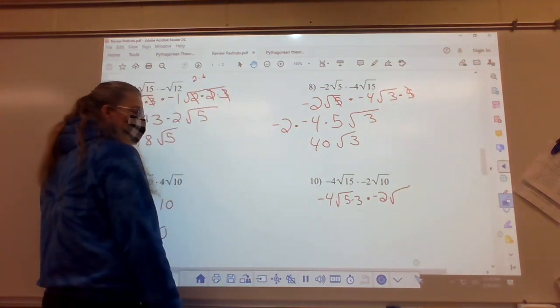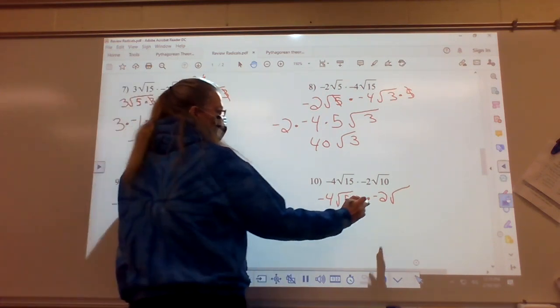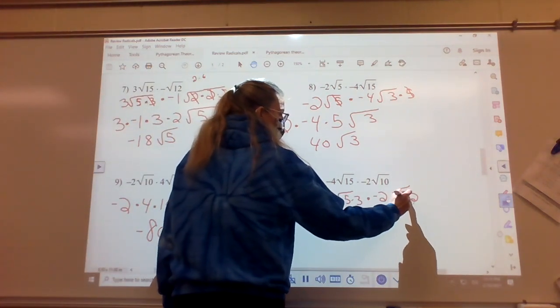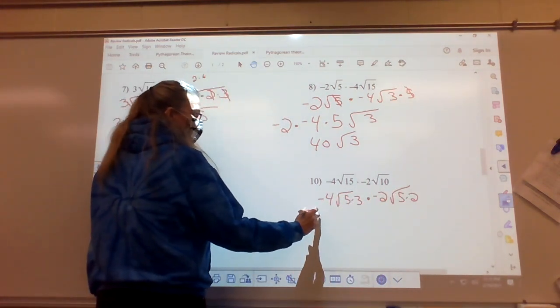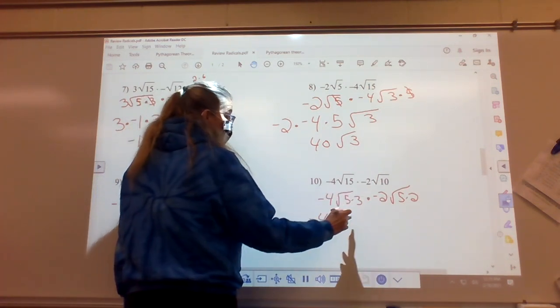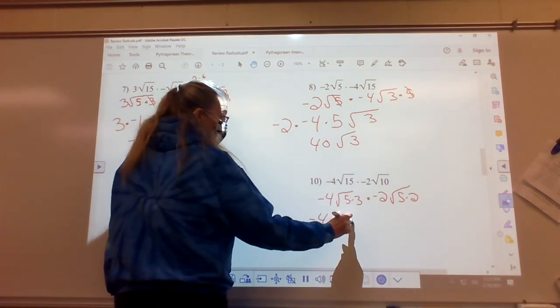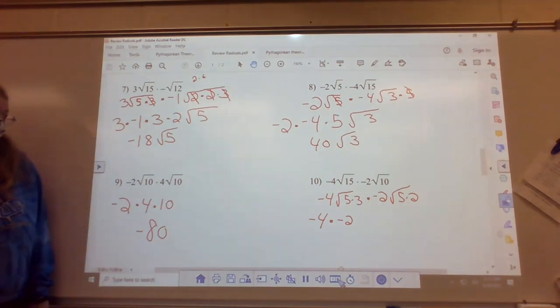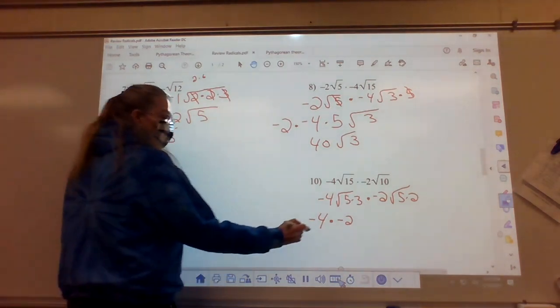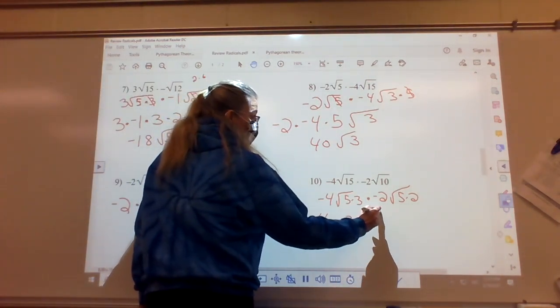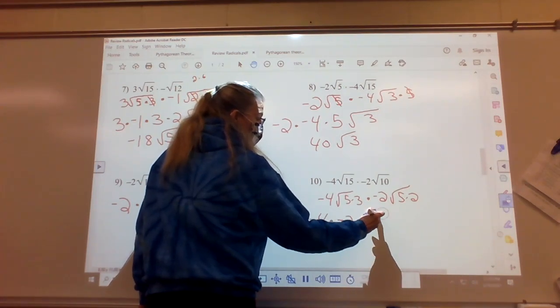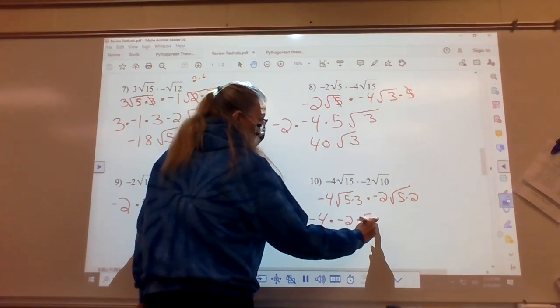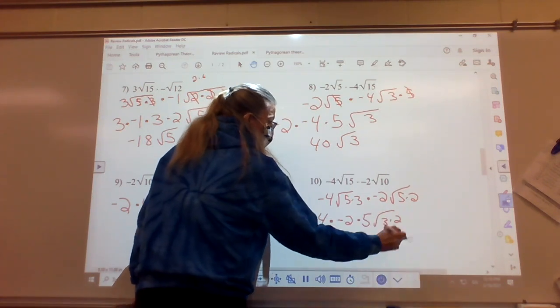The 10 is going to break into 5 and 2. So negative 4, bring it on out. Negative 2 is already out. What can come out? 5. And what has to stay under? 3 and 2, or 2 and 3.